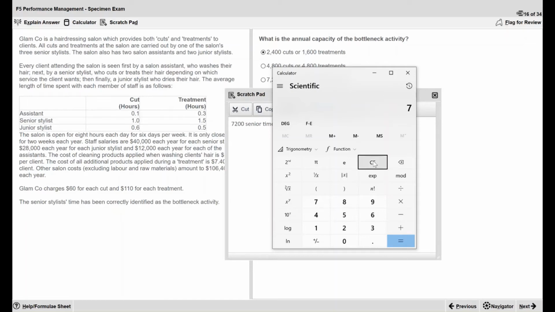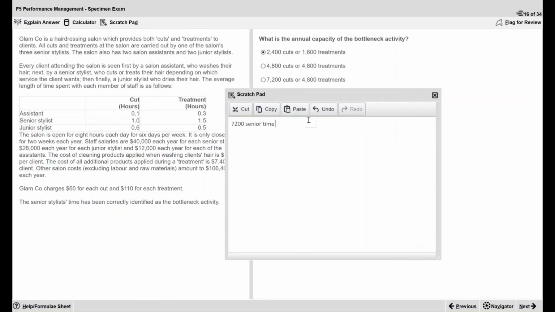Or what we could have simply done, 7,200 divided by 3 employees multiplied by 2 employees. Simple as that. So this is junior and then assistant, same. So the time of assistant and the time of junior stylist is the same.